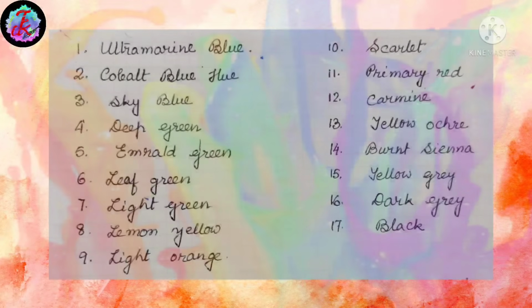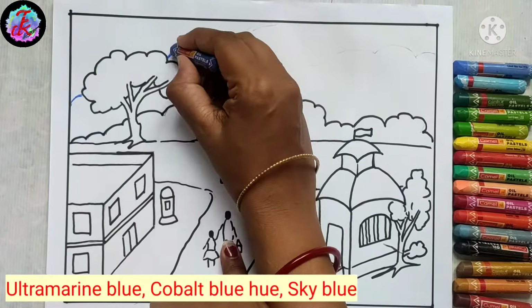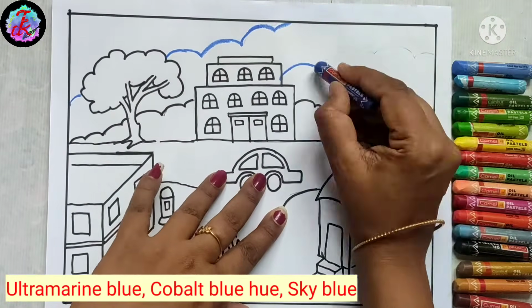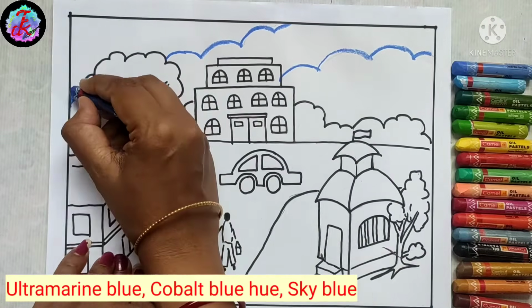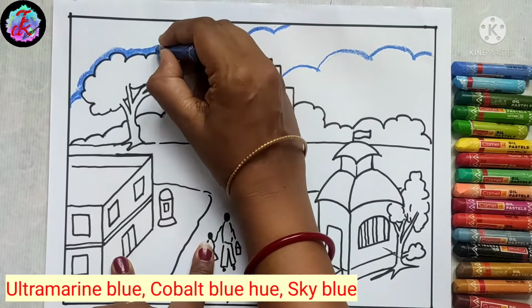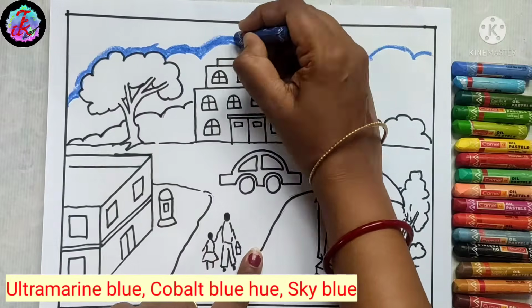I have chosen these colors from the 50 color set box of Camel. First, I will color the sky with 3 shades of blue.